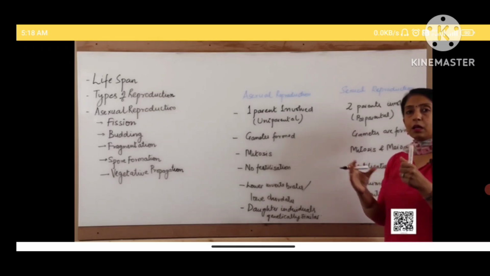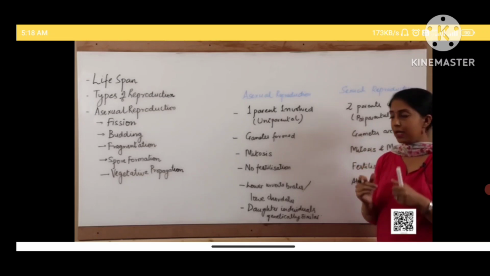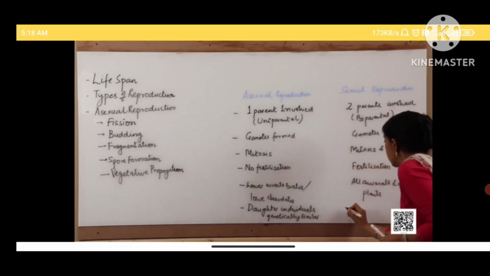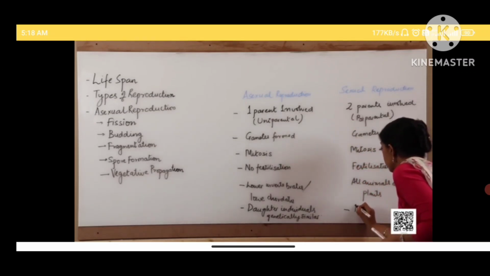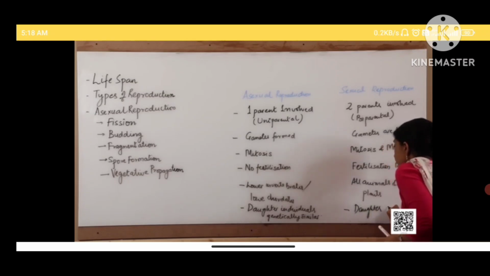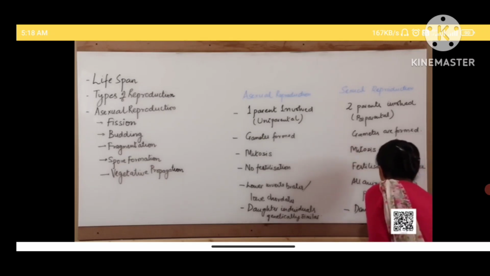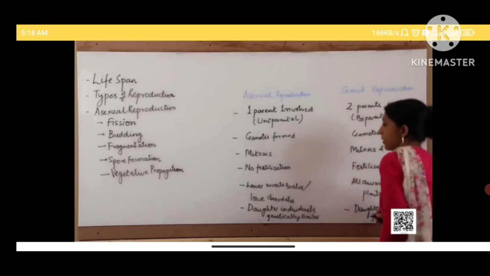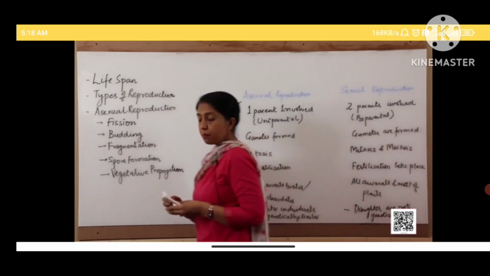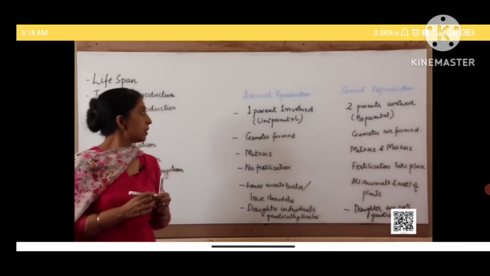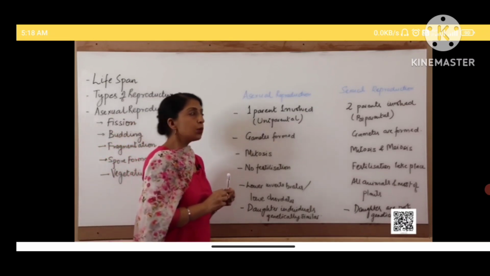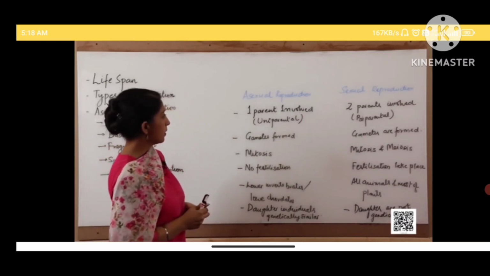So the daughters that are formed are not genetically similar to parents. These are the basic differences between the asexual and sexual modes of reproduction.